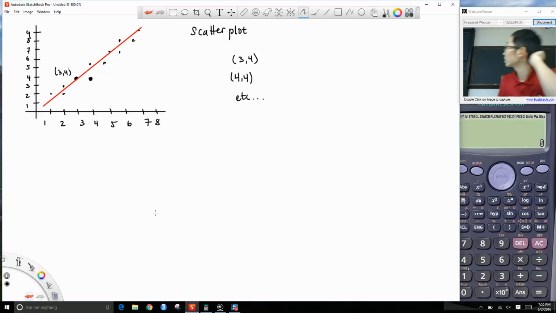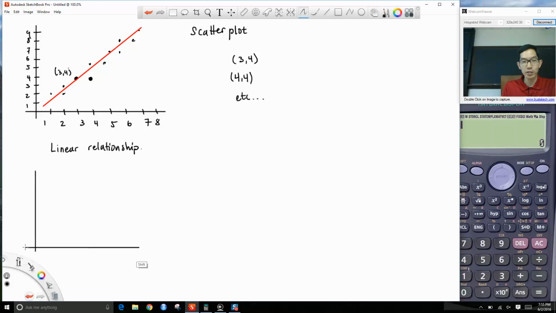So this would be a linear relationship. And as far as this class, anything that doesn't look like a straight line we would say would be nonlinear.